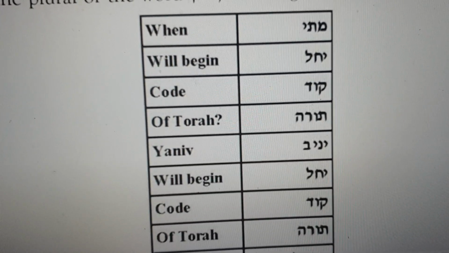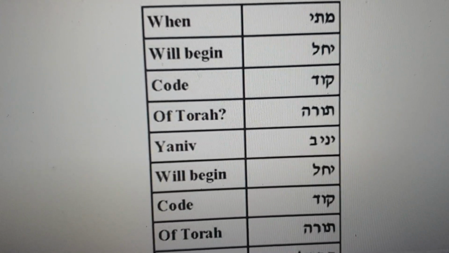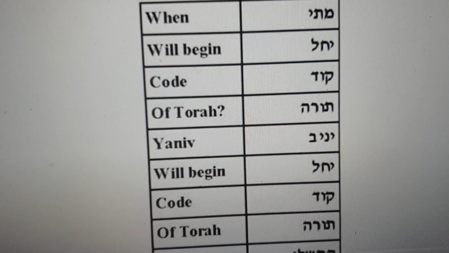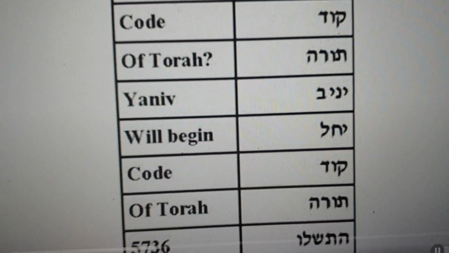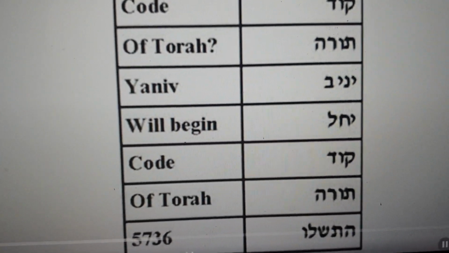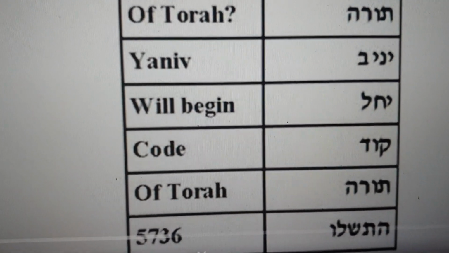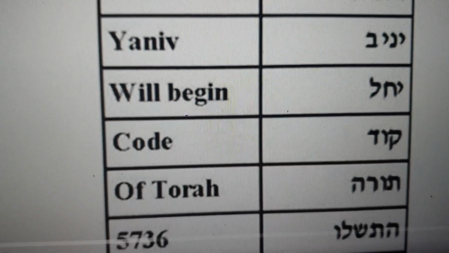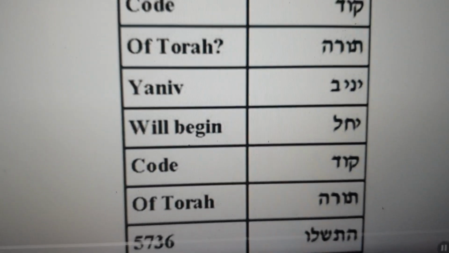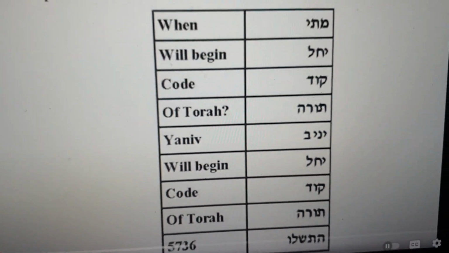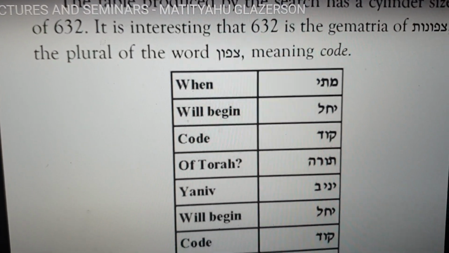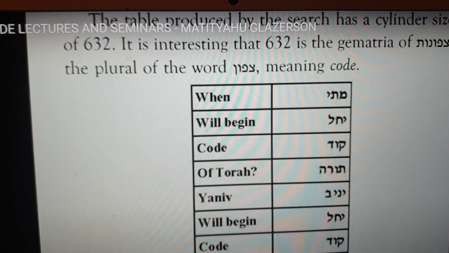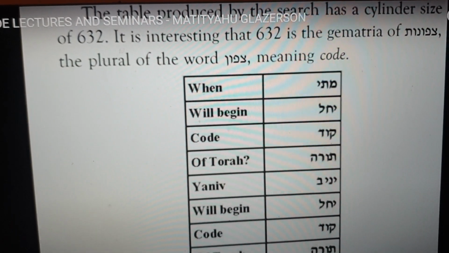So this table will show us when it started, this is called Torah, and the date coming next to it is 5736, which is 1976, the time that Professor Rips and Doron Witzen heard about it.